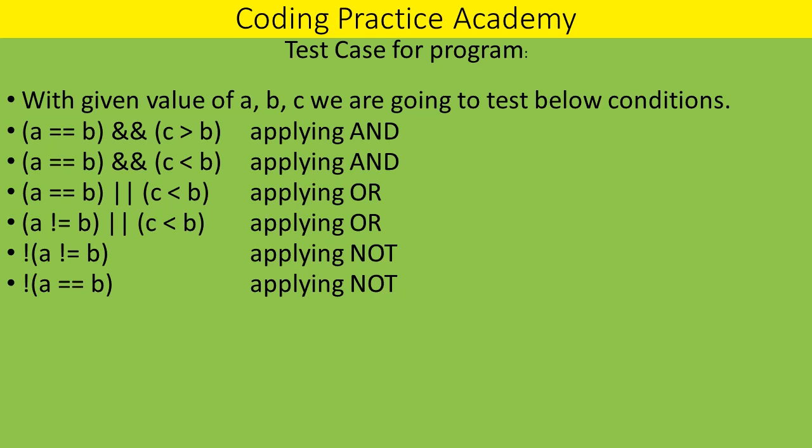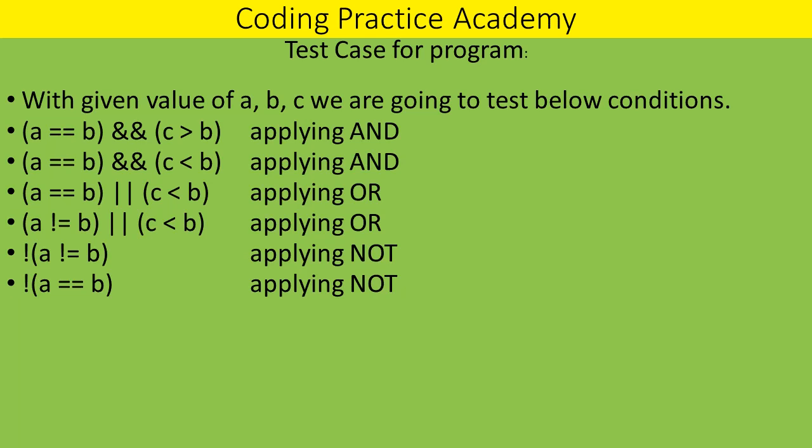Keeping in mind the rules of the logical operators: rule number 1, logical operator AND is true only if all the operands are true. Rule number 2, logical operator OR is true only if either one of the operands is true. Rule number 3, logical operator NOT is true only if the operand is false, that is 0.